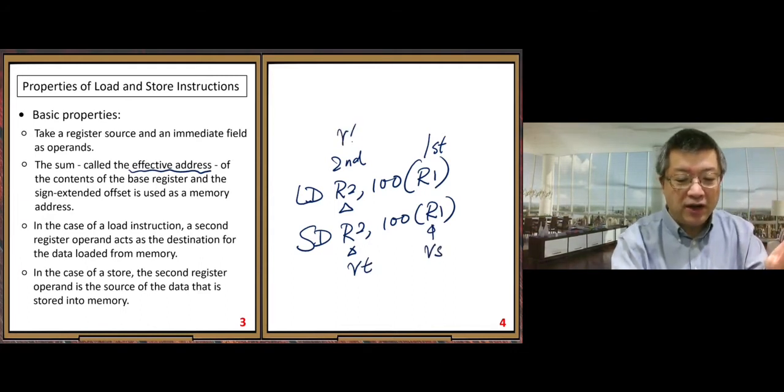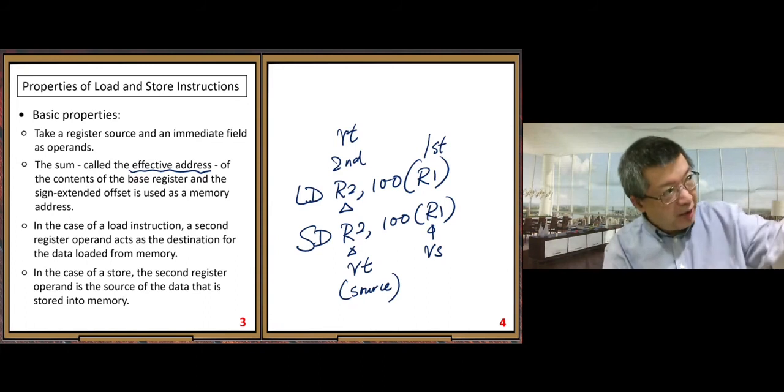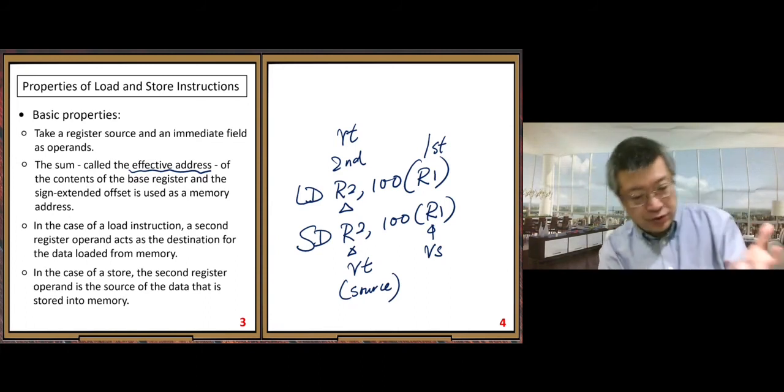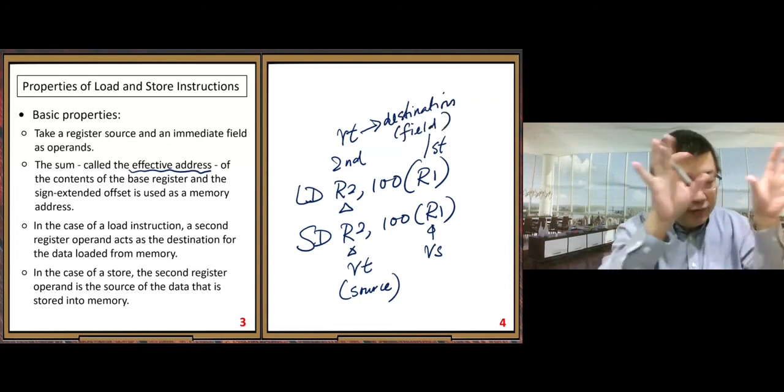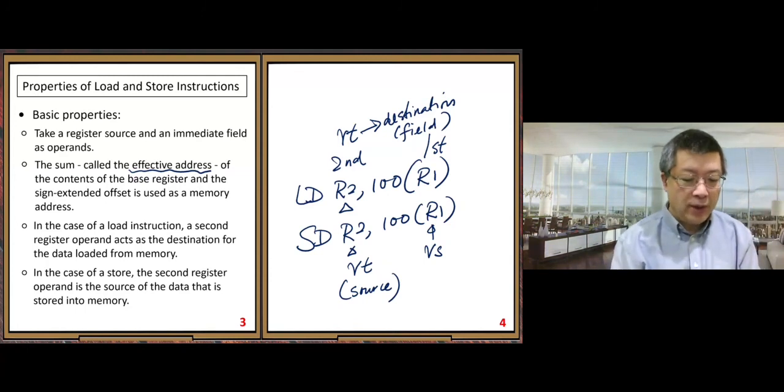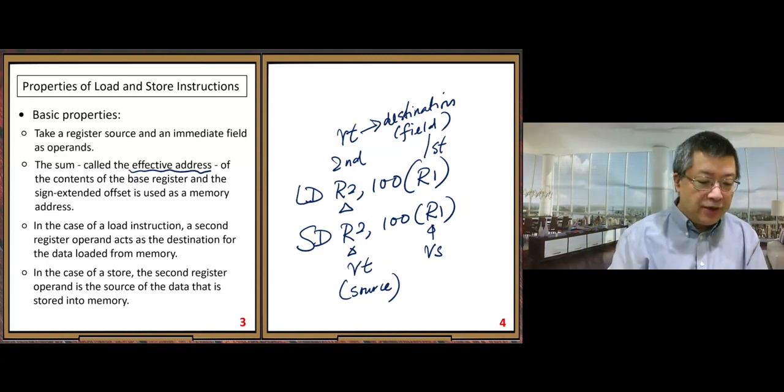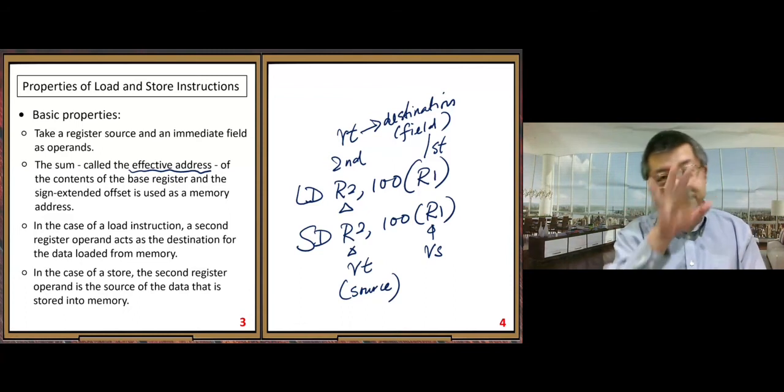Here we also use RT, but this RT is the source. We retrieve data from that location, so that's the source. This RT is the destination, and it's a field, right? So destination, but also it is a field. That is stored into memory. So that's the difference.